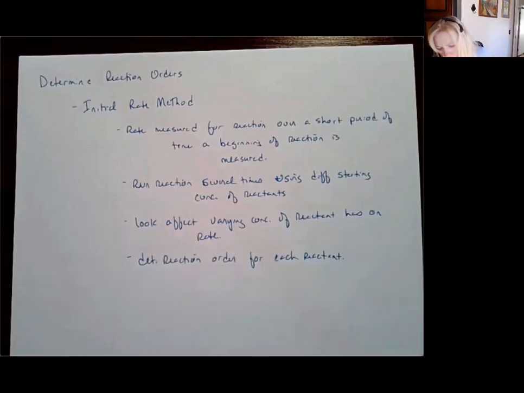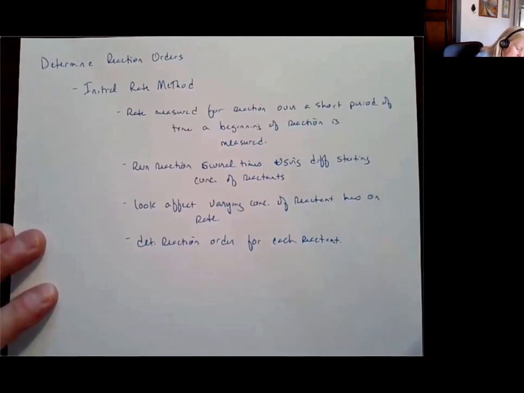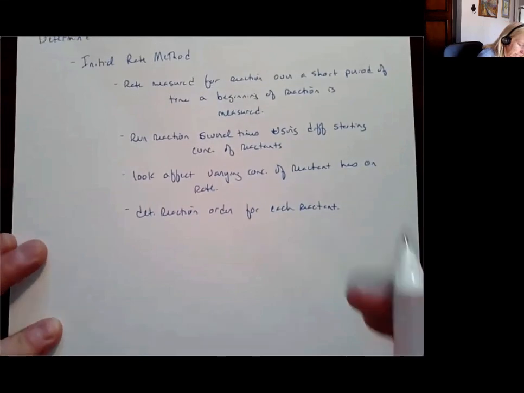So it sounds really complicated, but this initial rate method is actually very simple when you start to look at it. One of the things you're going to see is a graph or a table that looks like this for the initial rate method.